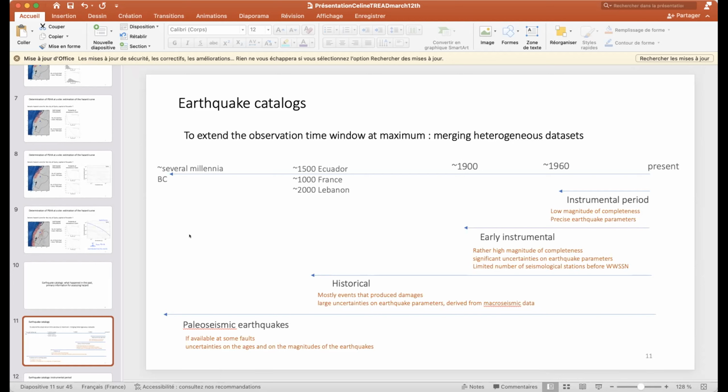And then to extend the window back in time, historical seismicity is usually available with earthquake parameters inferred from macroseismic data. And then the only way to extend back in time the time window is through paleoseismic studies or archaeoseismicity, and also paleoseismicity if available on faults. So these different data sets must be merged to build the earthquake catalog for seismic hazard assessment.